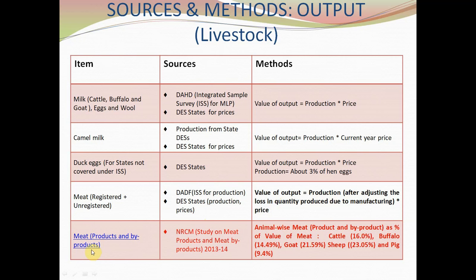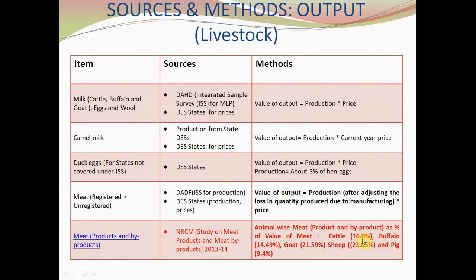And meat products and byproducts: NRCM, the National Research Center on Meat, market study on meat products and meat byproducts, done in 2013-14, is used, and animal-wise meat product and byproduct as percentage of value of meat are taken.